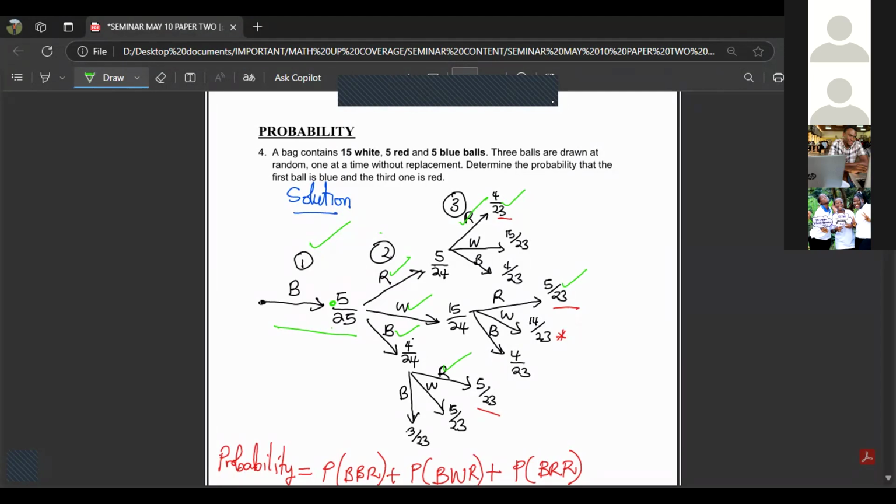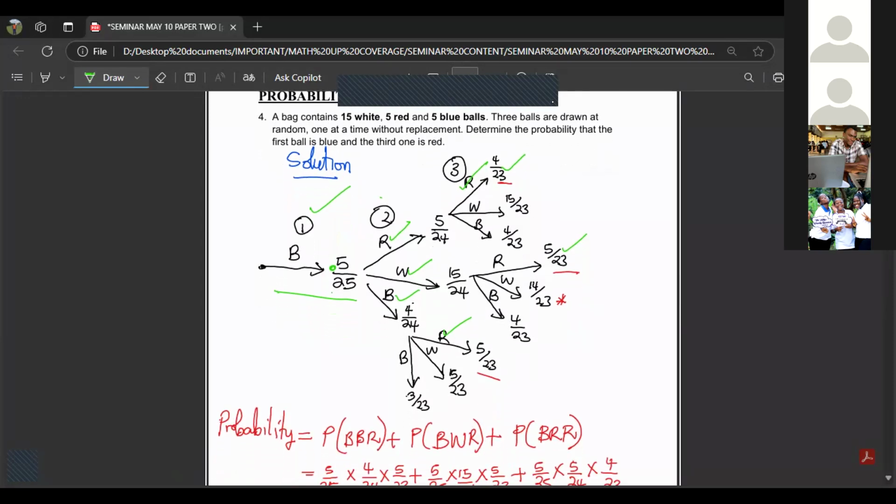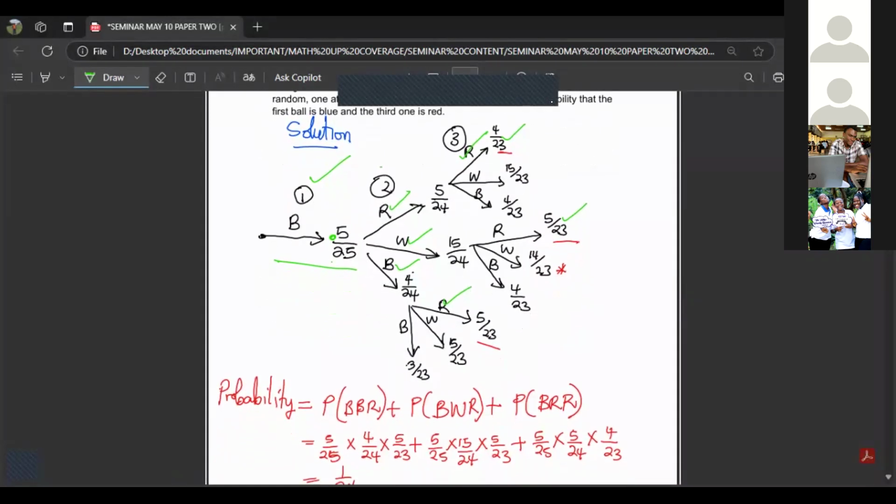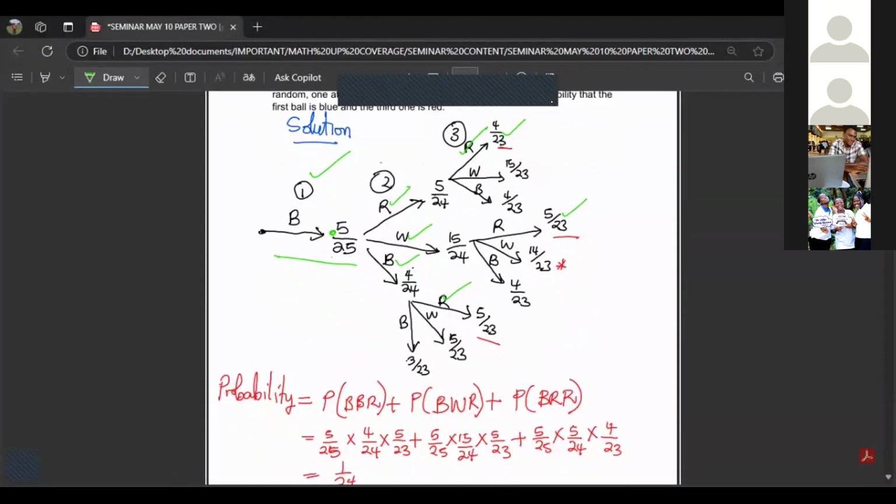So I have 5/25. I'm looking at BRR: I've chosen a blue ball, a red ball, and a red ball. So I have 5/25, 5/24, 4/23, and that's what I have here. I think there could be a mistake here, but this multiplication may turn out.